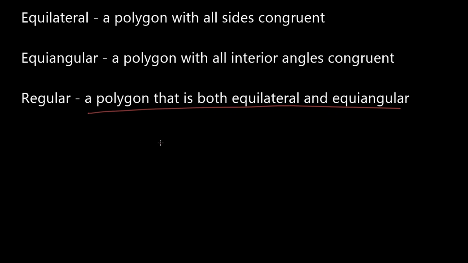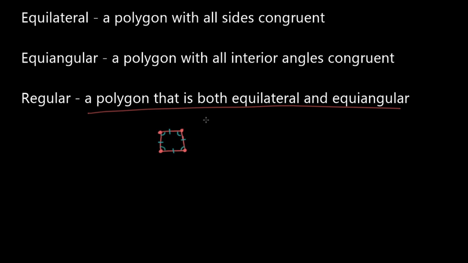So probably the most commonly known one is, of course, this polygon here. We know this as a square. It's a type of quadrilateral. And so the way that we would mark this is that we would show that all four sides are congruent and that all four angles are congruent, and this would be a regular polygon.